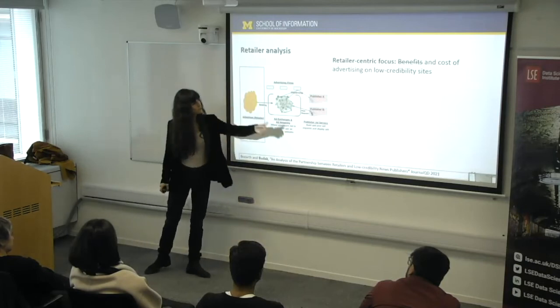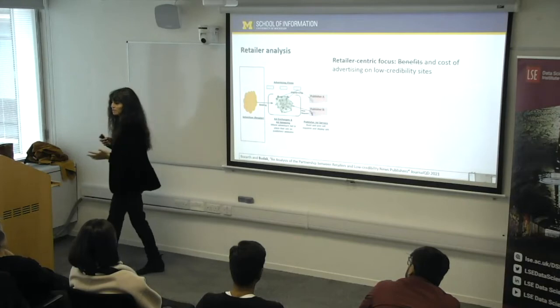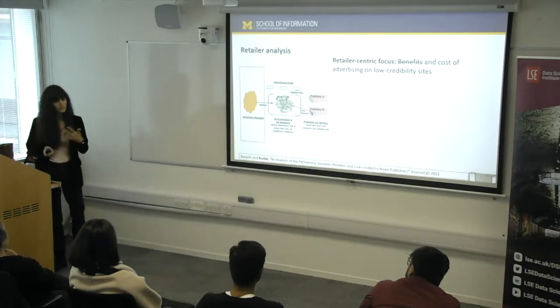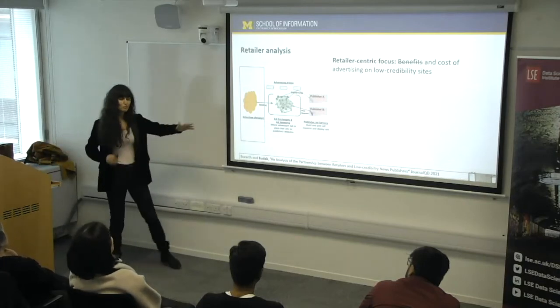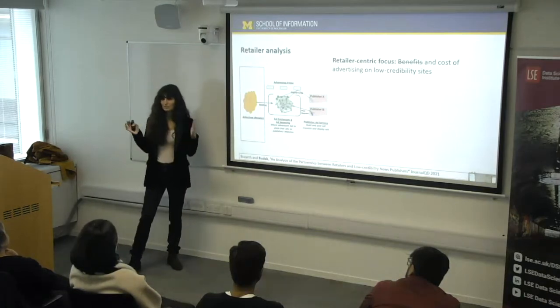From a retailer or brand centric focus, you can imagine that advertising on low credibility sites has some benefits, but we can't really get at that because, again, this targeting situation is making it hard to assess.